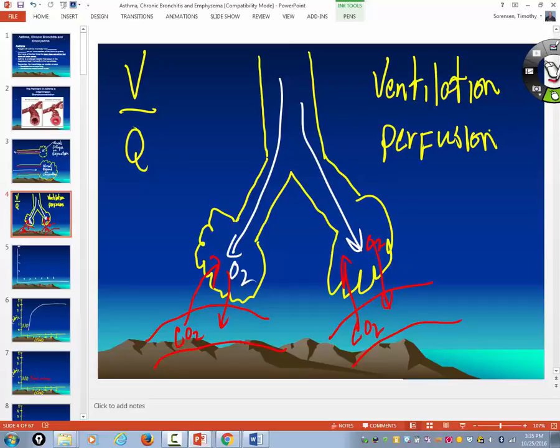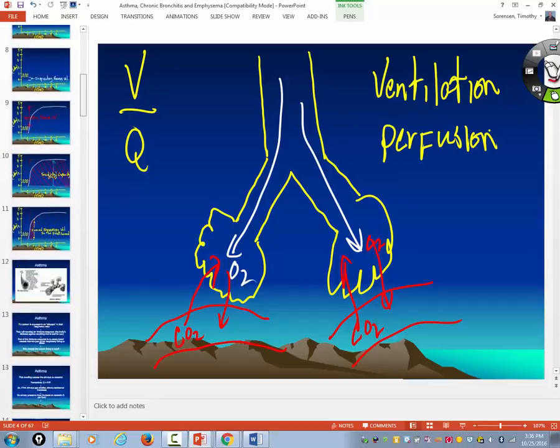No? Well, you probably will at some point. A VQ scan is really a test to look at whether or not somebody has a pulmonary embolus, to see if they're ventilating but not perfusing, that something's blocking a pulmonary artery or something. But anyways, this is normal physiology.